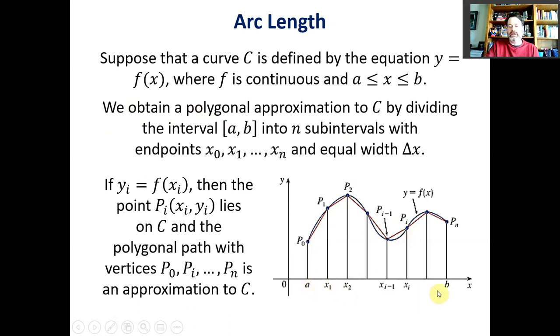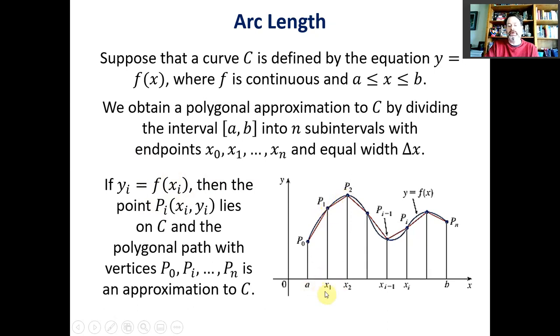So you have xi, which is just any of the x coordinates. There's n of them total, and each one breaks up the curve, and we draw individual line segments that are that width. Then you evaluate the y coordinate at each of these xi points, and that gives us a point on the curve.